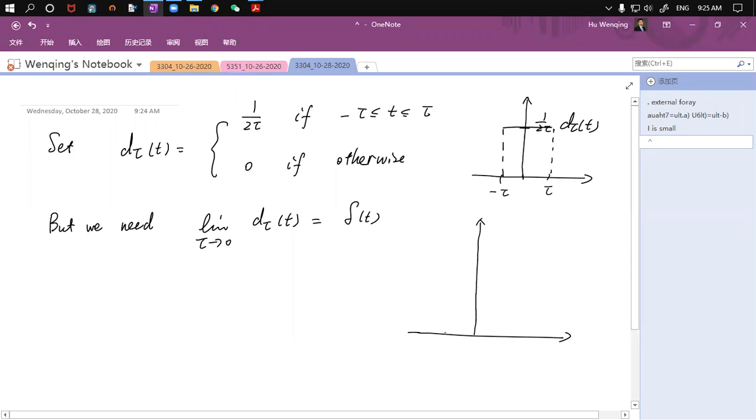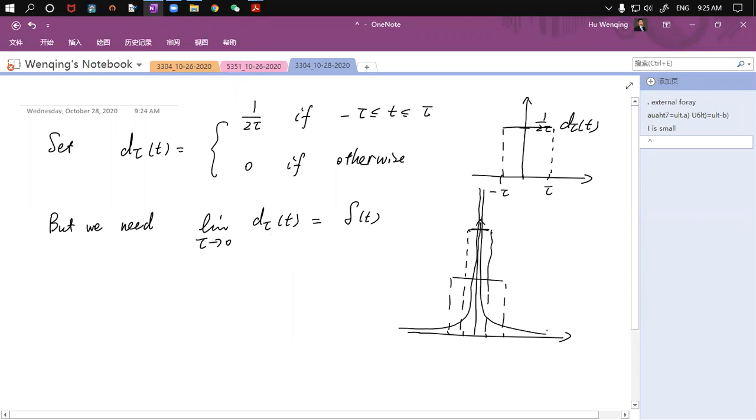Previously you had d tau of t, but you set tau to be small. If tau is halved, then d tau of t is going to be larger. But as tau goes to 0, you're going to see something that becomes 0 everywhere besides 0. So that's going to be something like this. Is that good for everybody?